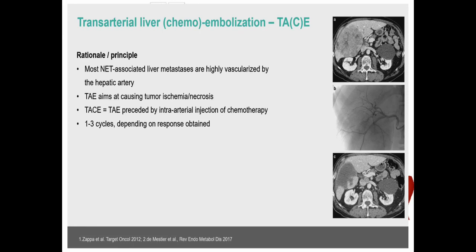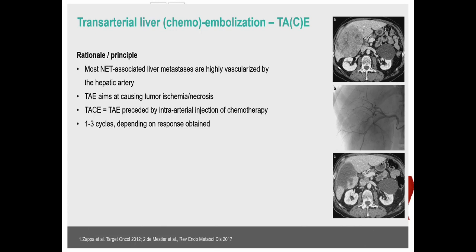Liver-directed treatments are very interesting, because most NET-associated liver metastases are highly vascularized by the hepatic artery. So if you disrupt the blood flow in the hepatic artery, while of course keeping the vascularization of the normal liver by the portal vein, you have a very good way of inducing ischemia in the tumors.